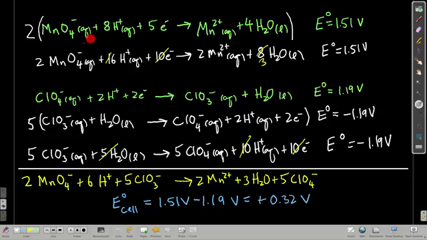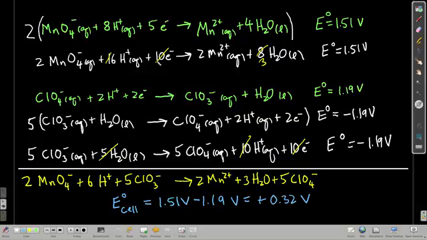So we kept the permanganate as it is because that was the most positive cell potential, but the least common multiple of 5 and 2 is 10, so we multiply this through by 2, and we get this right here. Now for this one, we flip it around because it had the least positive cell potential, and we get this right here in white. Multiply through by 5, and again, notice when we multiply these equations, we are not multiplying the cell potentials. Anyway, so we get this guy right here.